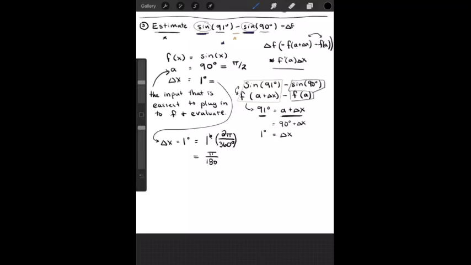We have our f of x, we have our a, we have our delta x. So what do we need to do first, now that we have all of this stuff? Now that we've analyzed the problem, we need to actually start working the problem.